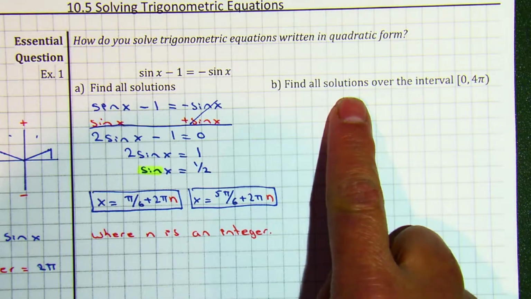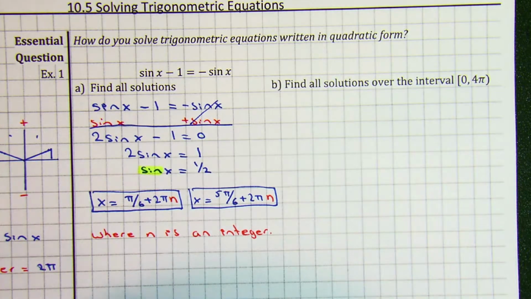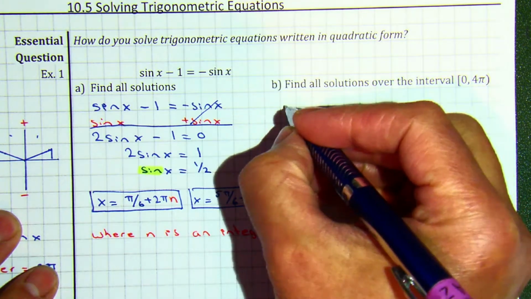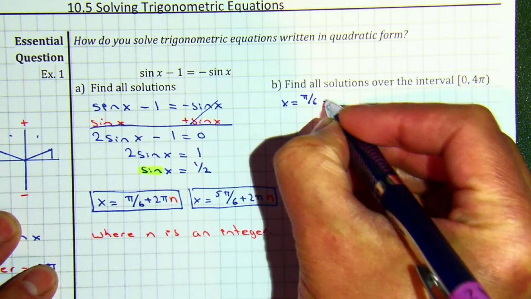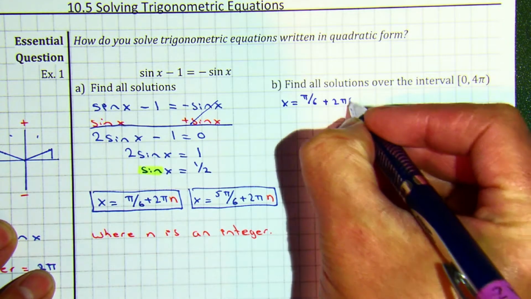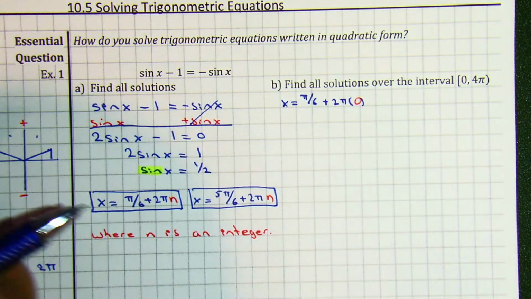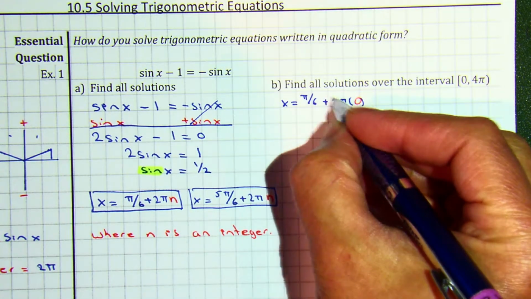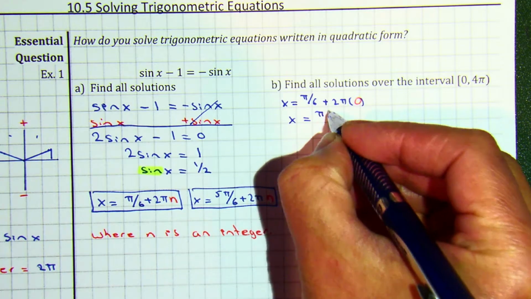Now, if we want to be able to find all the solutions over the interval from 0 to 4 pi, we are just going to substitute values for n. So we have x equals pi over 6 plus 2 pi n. Now plug in a 0. That will give me my first solution. That cancels. So therefore we have x equals pi over 6.